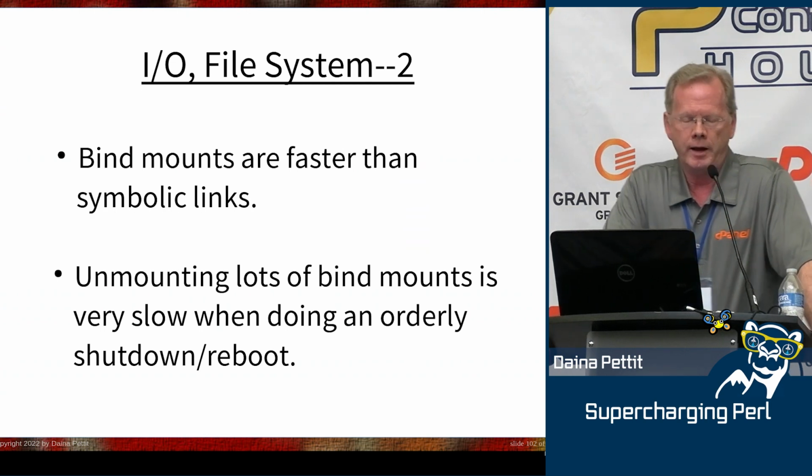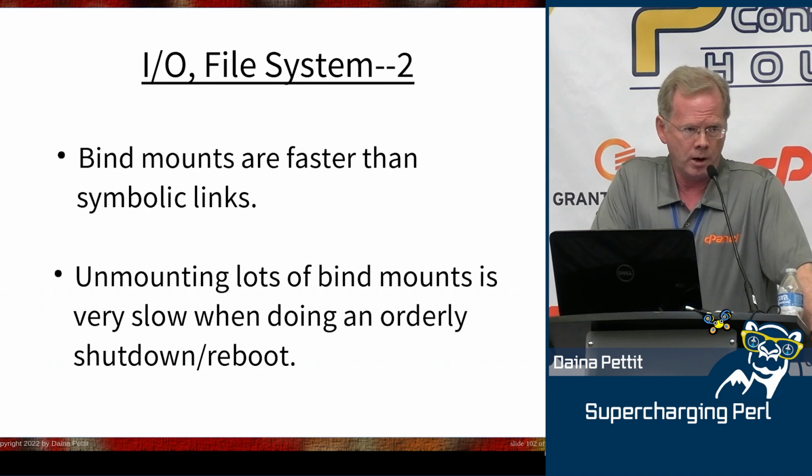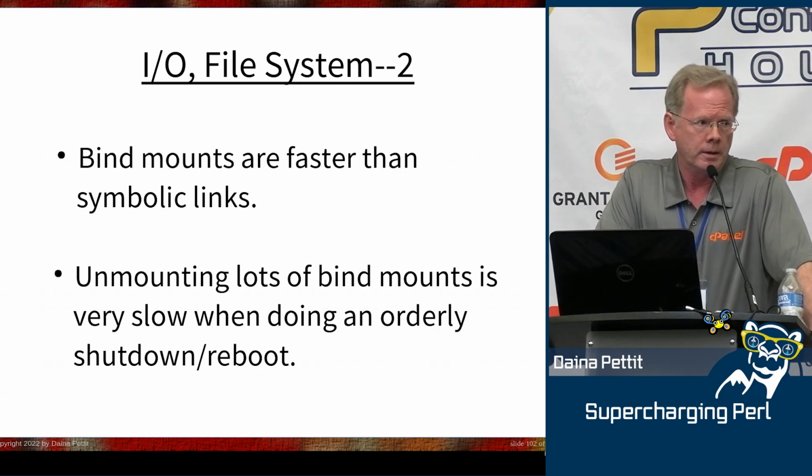Bind mounts are faster than symbolic links, but bind mounts can be a problem if you have a lot of them. So just be aware you probably don't want to do thousands of bind mounts. The primary problem is when you unmount a bunch of bind mounts, it's just slow.